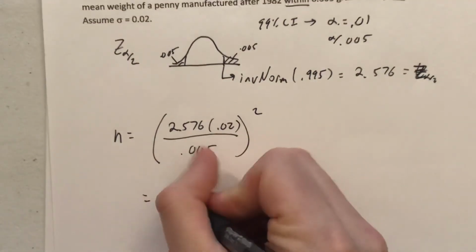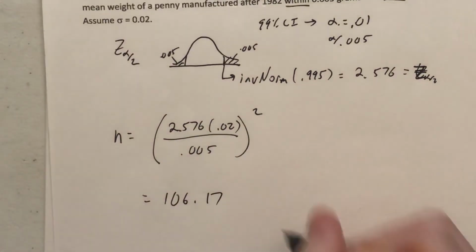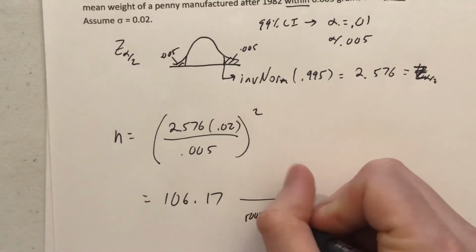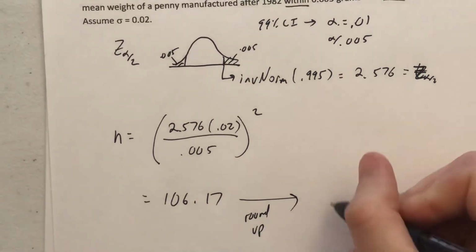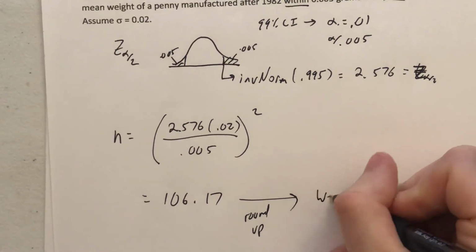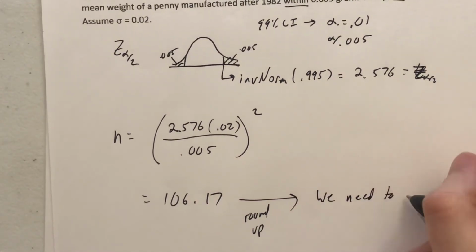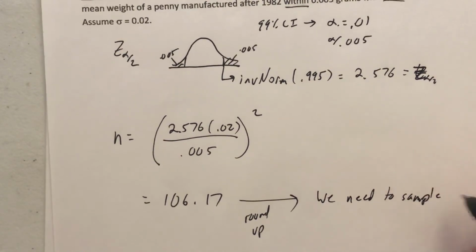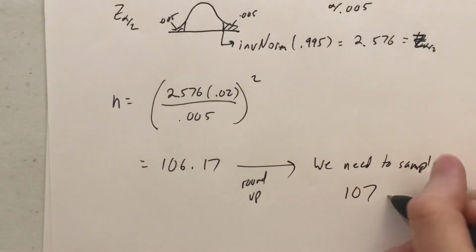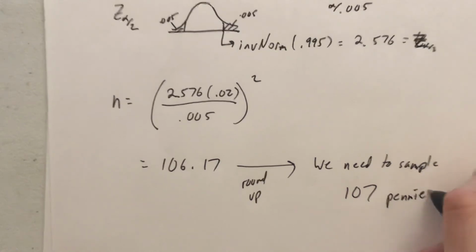And that's coming out to 106.17, but like last time, no matter what, being a sample size, we're going to round up and say we need to sample 107 pennies.